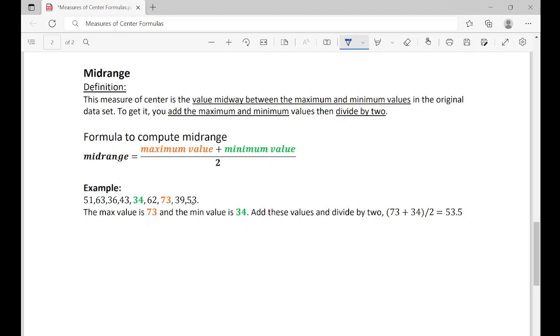So if we have this data set here, 51, 63, 36, 43, 34, 62, 73, 39, 53, we need to find our max and min, which I've color-coded for you, nice and easy. 73 is our max, 34 is our min. So we just take the two, add them together, then divide by 2. And so the mid-range here would be 53.5.